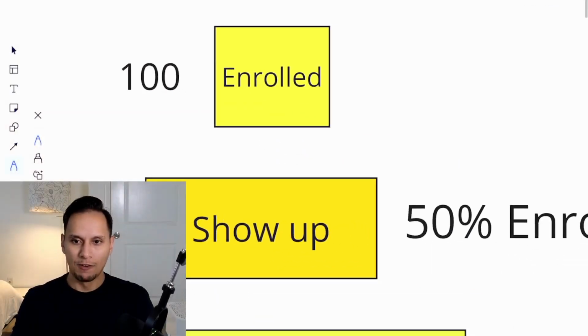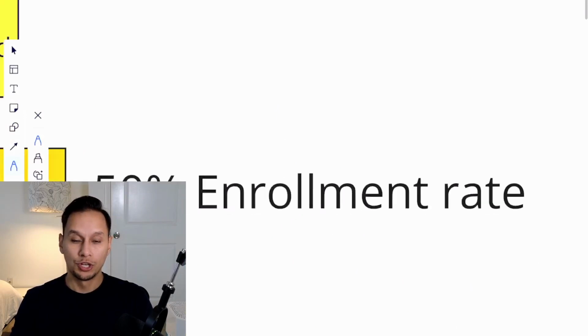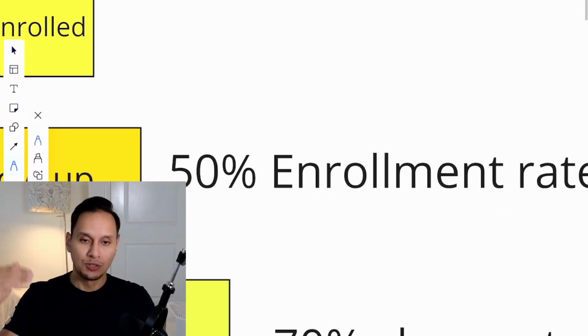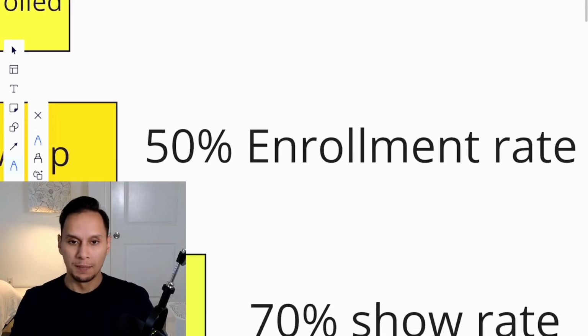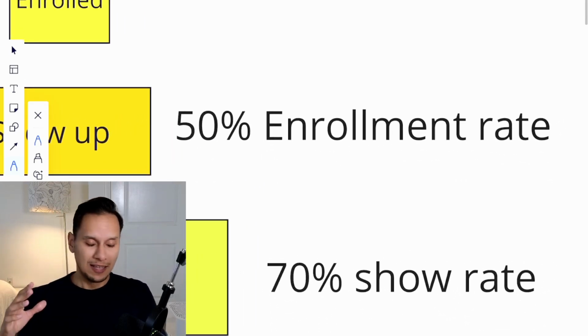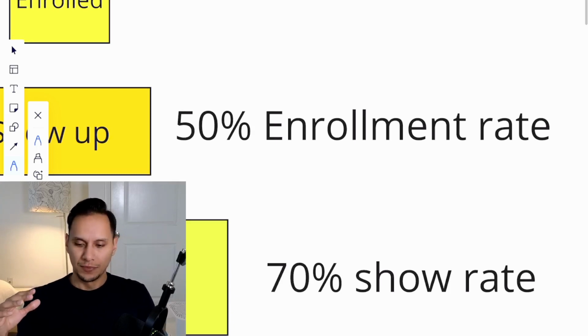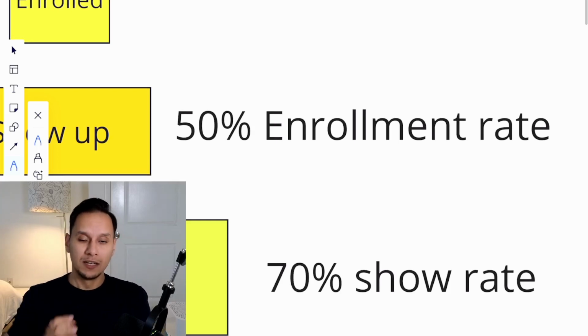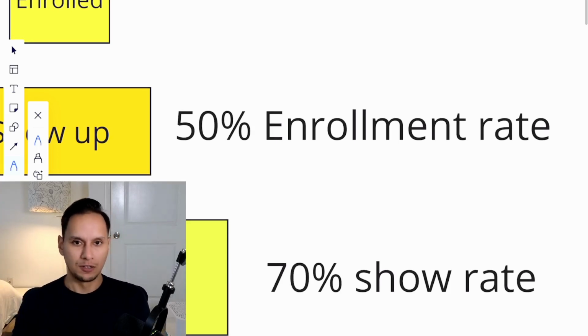In fact, what we have seen is that about 50% of the people who show up from an advertising to your studio actually enroll. So actually sign up. Now, 50% enrollment rate, okay, and this is not set in stone. This is if you're good, but if you're really good, I've seen 70% enrollment rate from advertising.